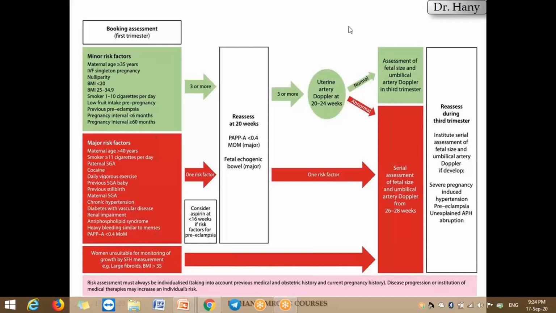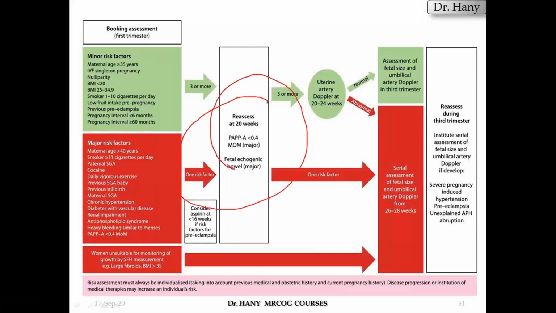Dr. Hany, can I ask you a question? Sure. When you said that if one major risk factor is there, they would go for a serial assessment of fetal size and umbilical artery Doppler from 26 to 28. What if at the 20 weeks assessment they get one of the major factors again, like PAPP-A being less than 0.4? Because you are already booking all the women for the anomaly scan at 18 to 21 weeks, you will reassess the woman again. So the first step is at booking, the second step at the anomaly scan.